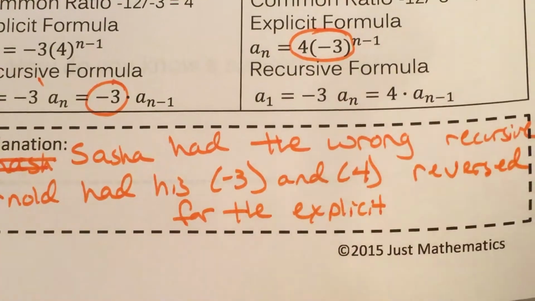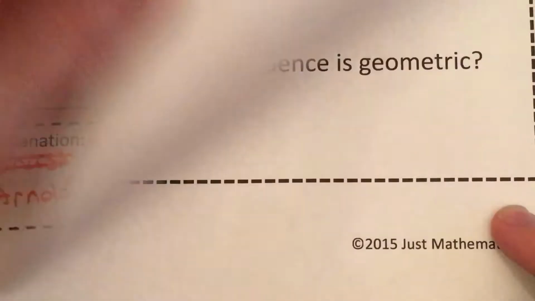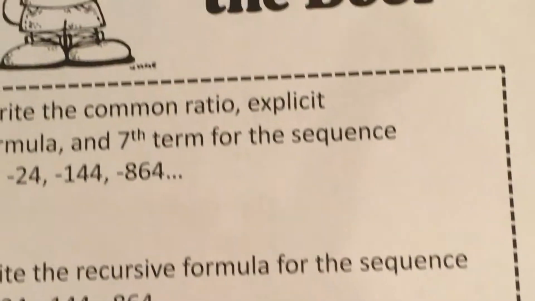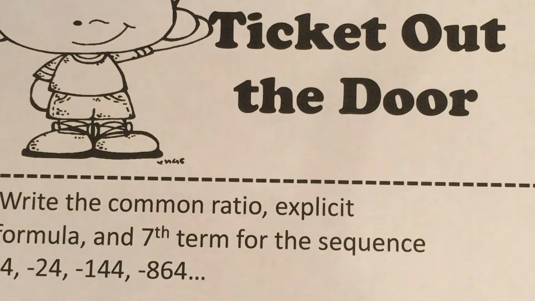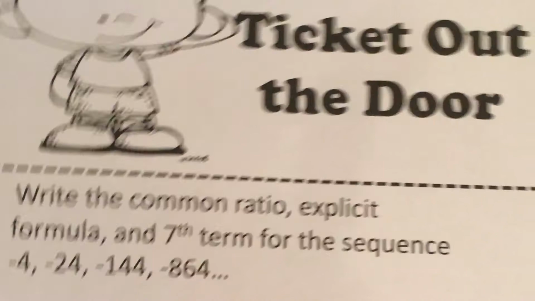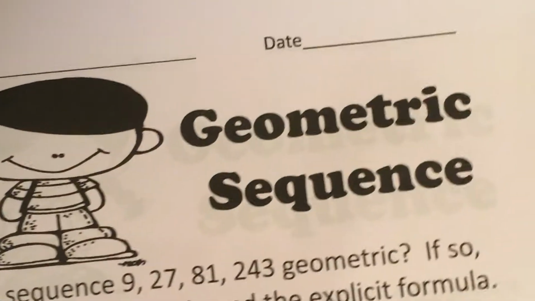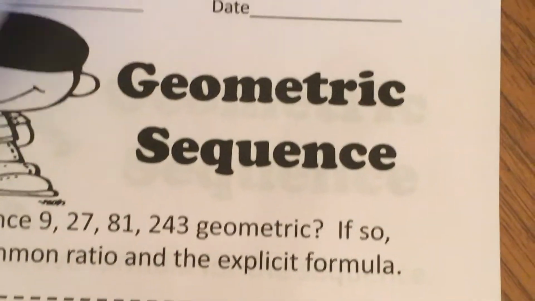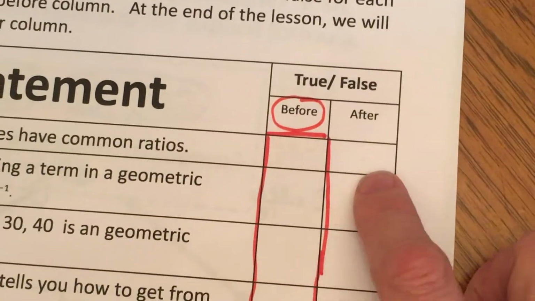Okay, your job to finish is this last page. It's your ticket out the door to finish this. And I want you to go back, and now that we've done all of this, I want you to check and maybe change some of your answers on your quiz.